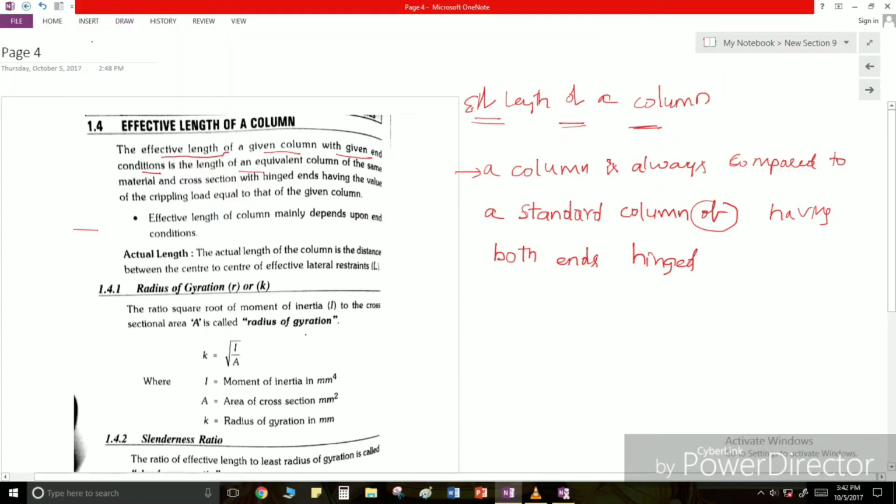This is very important, having the value of crippling load equal to that of the given column. Very simple. Now I will show you in a pictorial representation.